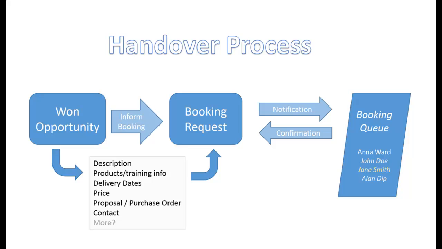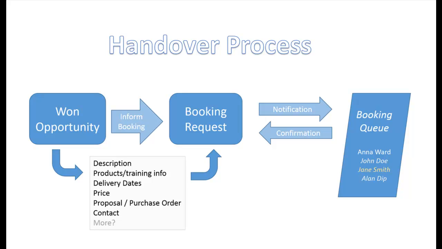But have it as a more streamlined process where you can deliver the booking requests to a booking queue, and anyone in that queue can pick up the booking request and add it to Spider and so on. And of course confirm to sales that this has been done.